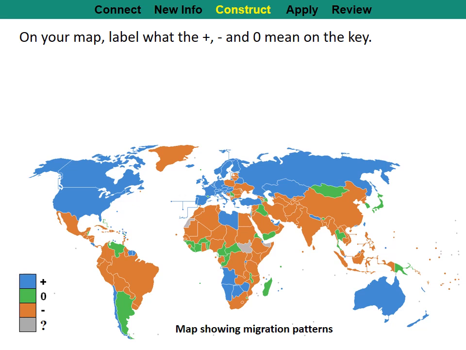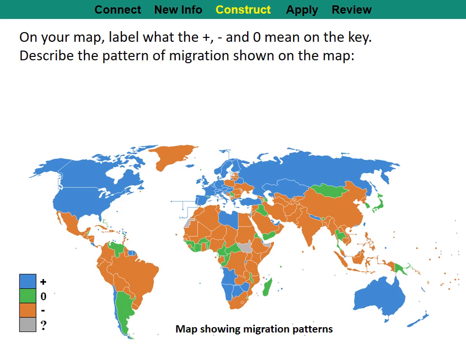Okay. And zero is where the numbers going in and the numbers that are leaving are balanced. Okay, so it's kind of the same. It's not showing a change. So the countries that are in the blue are the ones where the population is rising due to migration, and the ones in the brown are the ones where the countries are declining due to migration.